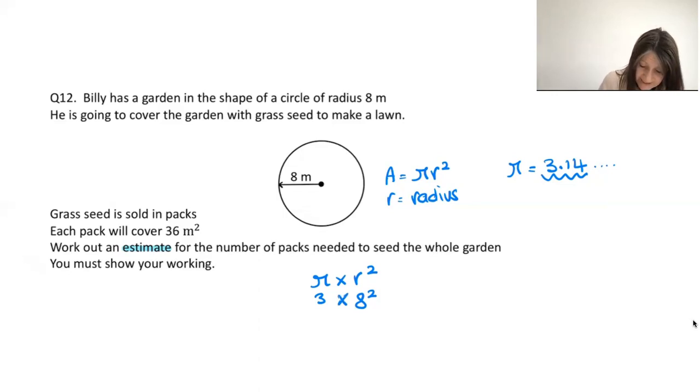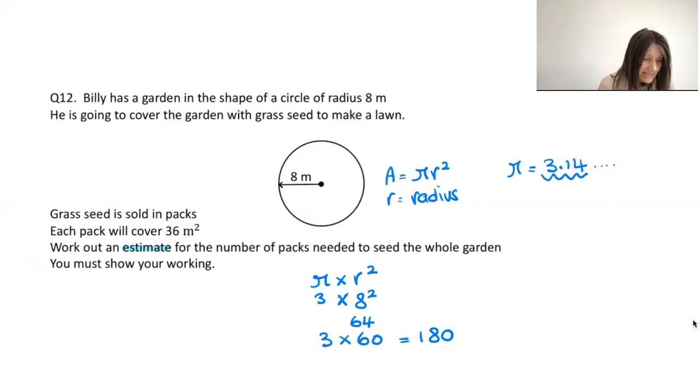Now 8 squared is 64. So I'm going to round that, because it's an estimating question, to 3 times 60, which is going to give me 180. So pi r squared is 3 times 8 squared. We're estimating that to be 3 times 60, which is 180.